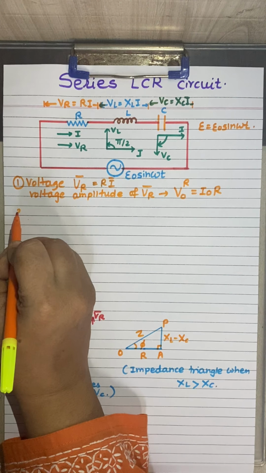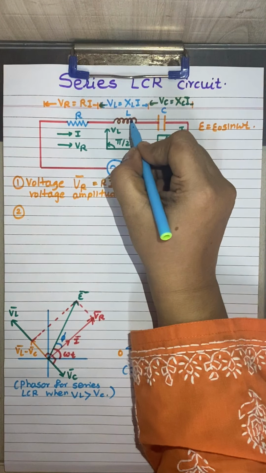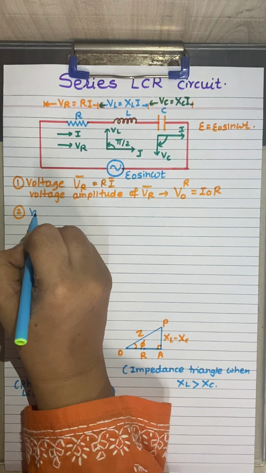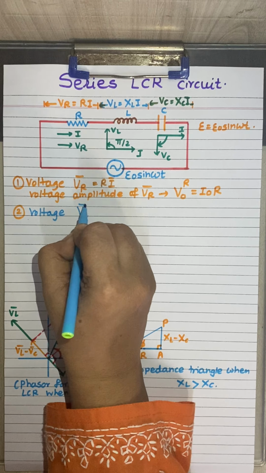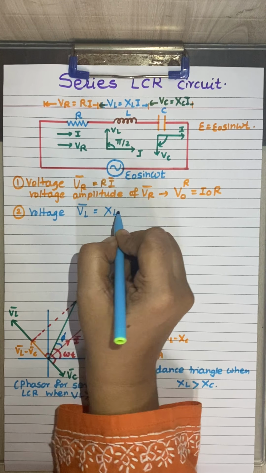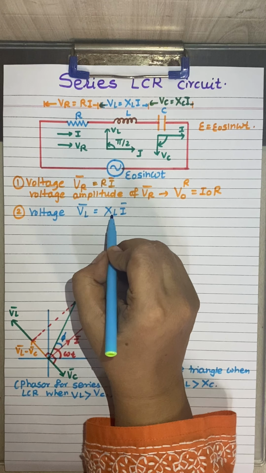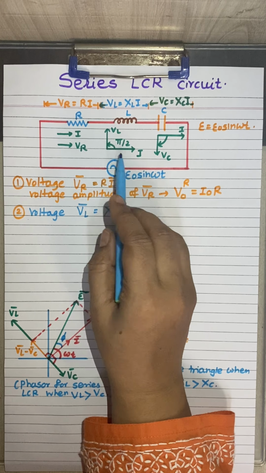Let us go for the second component, which is the inductor L. The voltage across the inductor is VL is equal to XL into I, where XL is the inductive reactance. The voltage across the inductance L is ahead of the current.